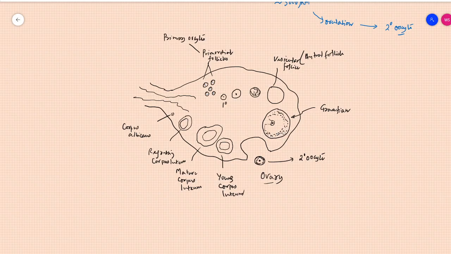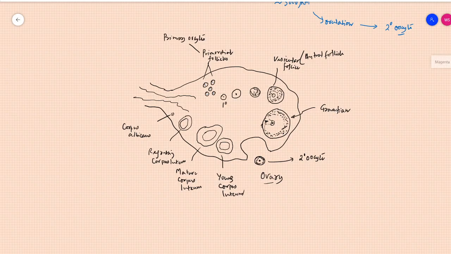Okay, so these are all cells. Okay, and this is the miniature version of that. Again, surrounded by a vacuole. And when it attains full maturity, we call it a Graafian follicle.